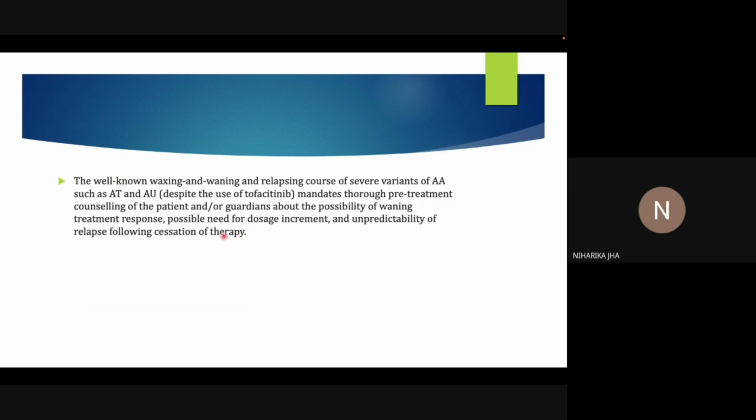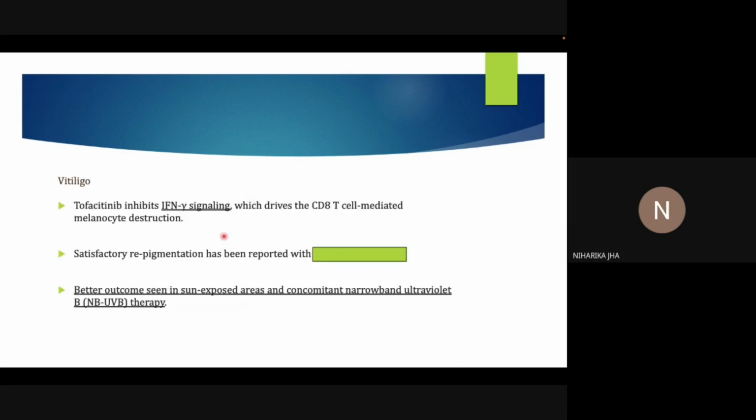In fact, as has been seen in many cases, patients have given beautiful responses to tofacitinib, but after cessation of the therapy, the relapse of the disease is also fast in some cases.